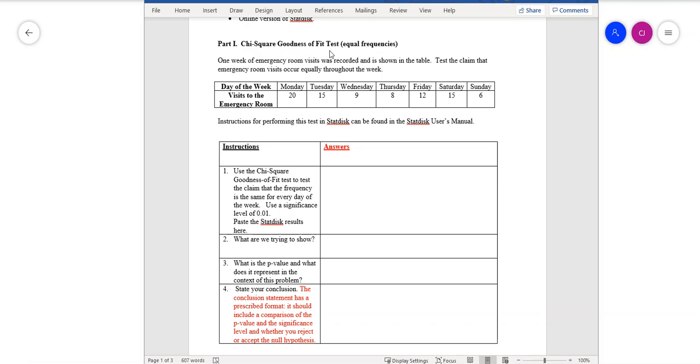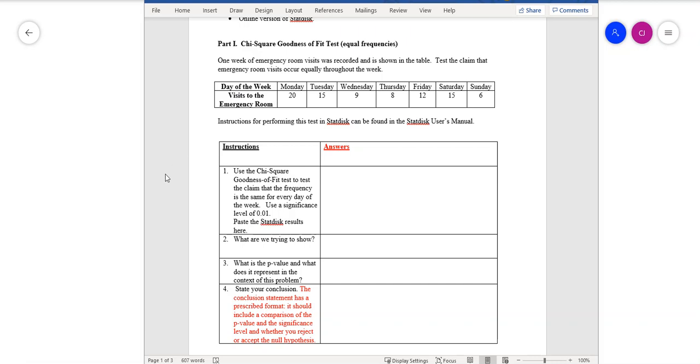So goodness of fit is like what it sounds. It's how good does the data fit some predetermined percentages. Now we're working with a qualitative variable. And in this case, you can see this is day of the week.